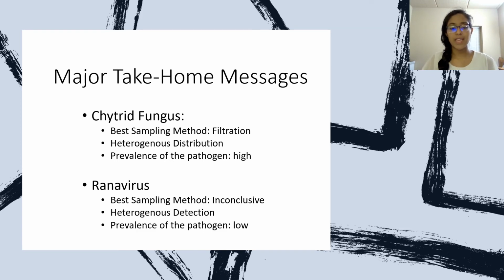However, we can say that there was somewhat of a heterogeneous detection, because the sites in which ranavirus was found were pretty well distributed around the lake. And thirdly, the prevalence of this pathogen was low, and we can see this by comparing our results for ranavirus with chytrid fungus. We were only able to see 3 positive detections of ranavirus throughout the whole experiment.